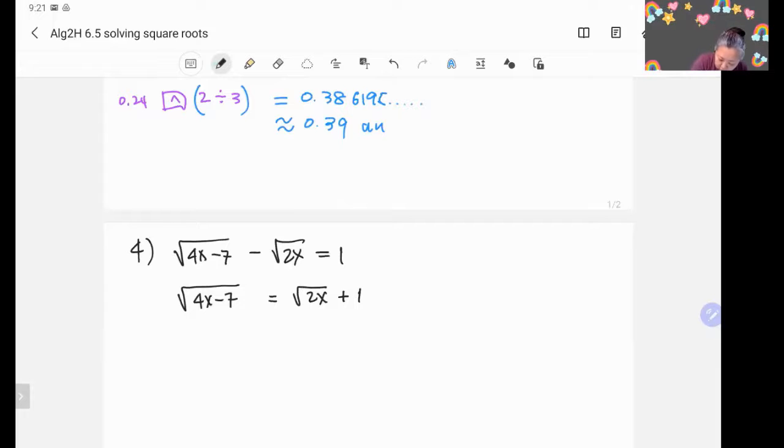Then I will square both sides, right? The left side is clean cut, it gets rid of the square root, and it will have 4x minus 7.